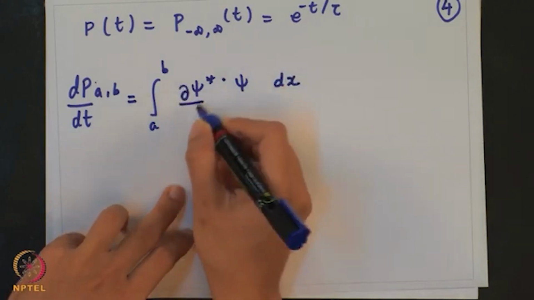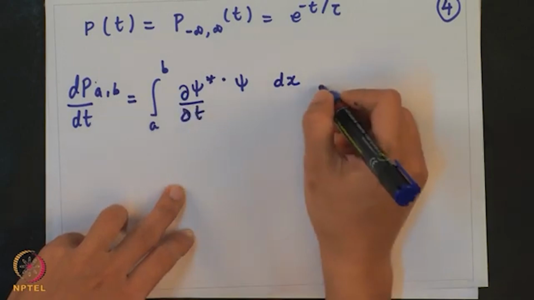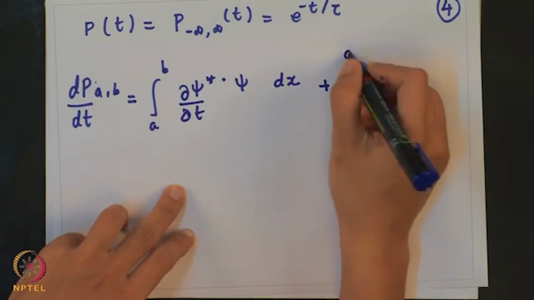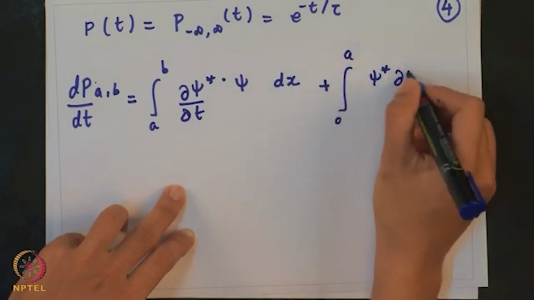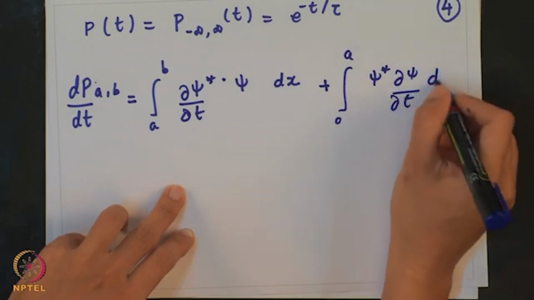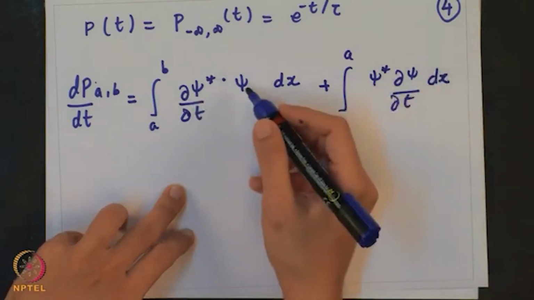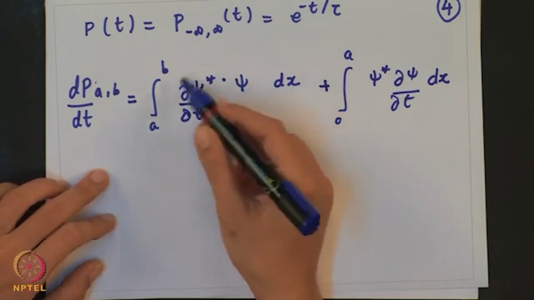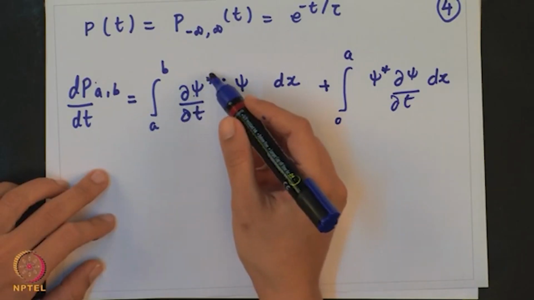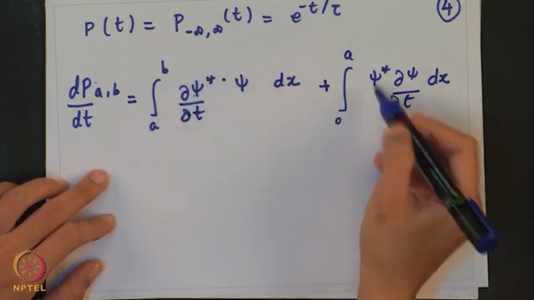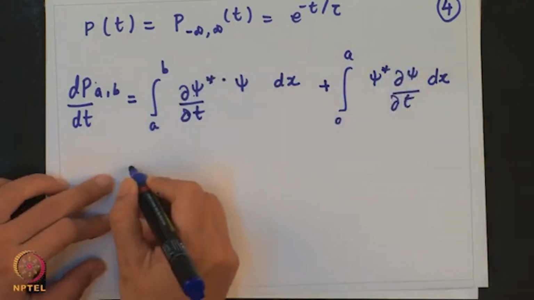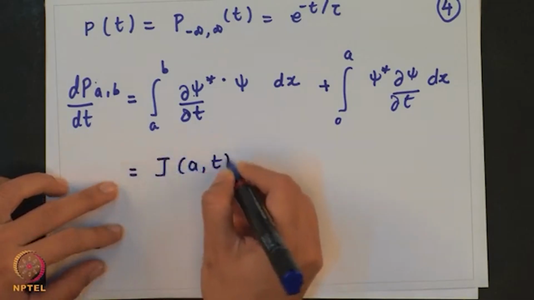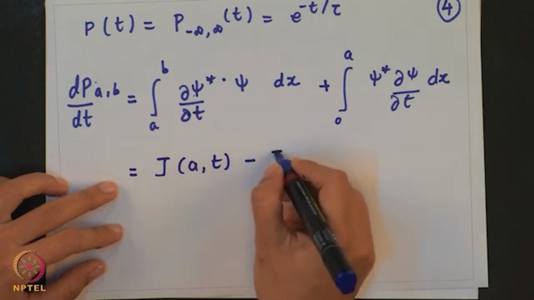So, I will have one term, plus the second term. Again I will repeat the same procedure. I will substitute for the time dependent wave function, using the time dependent wave function I will substitute for these terms, and I will again obtain the same expression.